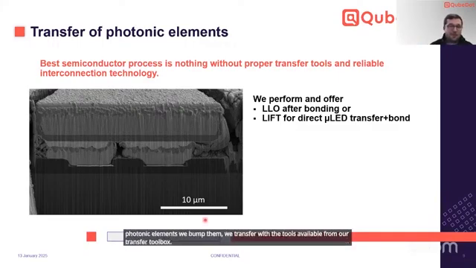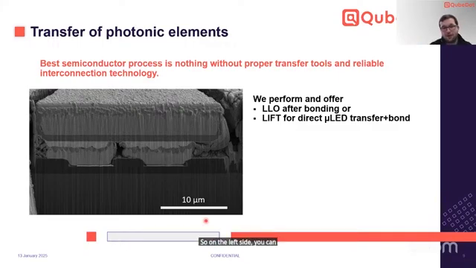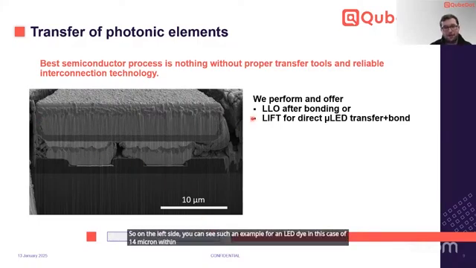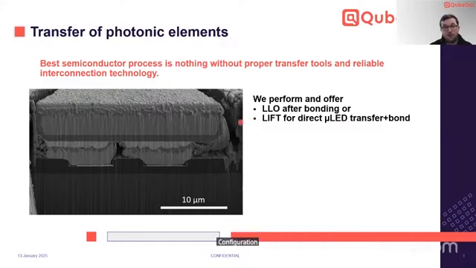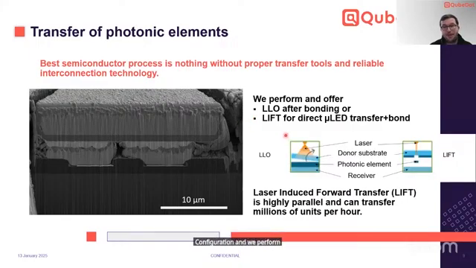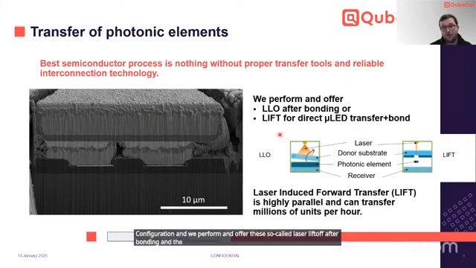So on the left side, you can see such an example for an LED die, in this case of 14 micron with a triangle contact configuration. And we perform and offer the so-called laser lift-off after bonding and the laser-induced forward transfer for directly transfer single photonic elements and bond them.